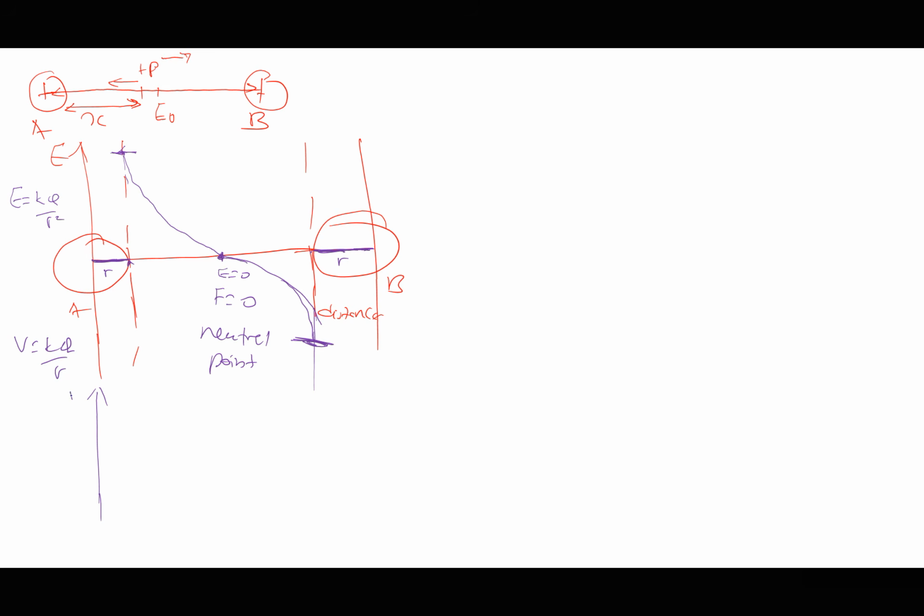So if I draw a graph of potential with the distance from the surfaces, this is the surface of charge A, this is the surface of charge B. I need to make this one a little bit clearer. So I have the surface of charge B there.